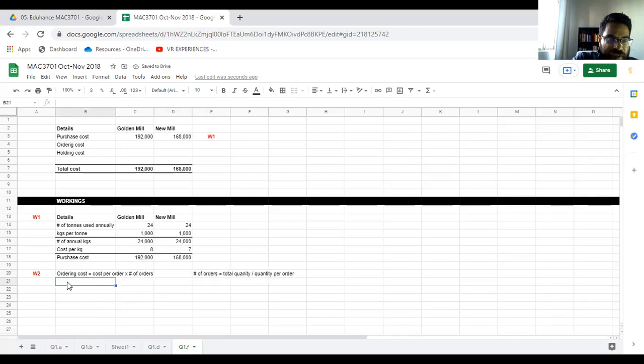So we want to get number of orders, and then cost per order. Number of orders, cost per order, and that will give us our ordering costs.